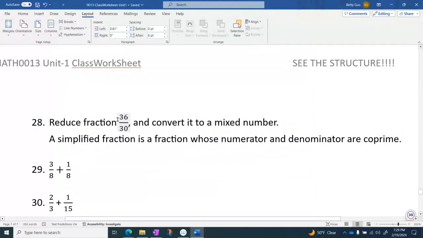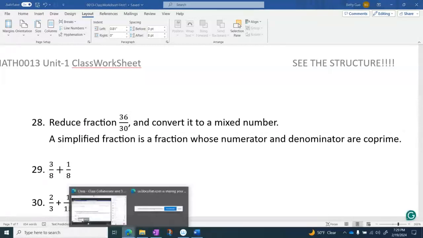Look at the fraction we have, 36 over 30. Numerator 36, denominator 30. Are they co-prime? Co-prime means they have no common prime factors; they only have one.